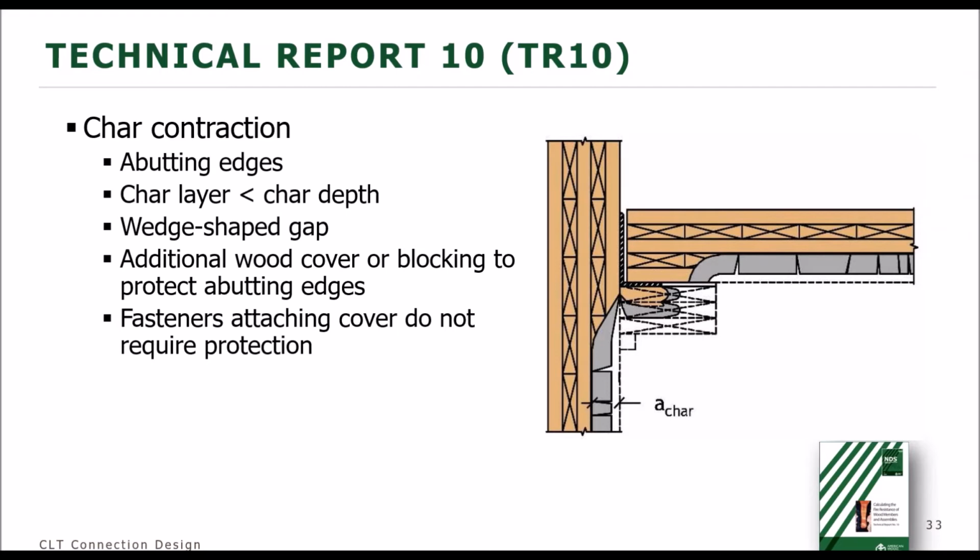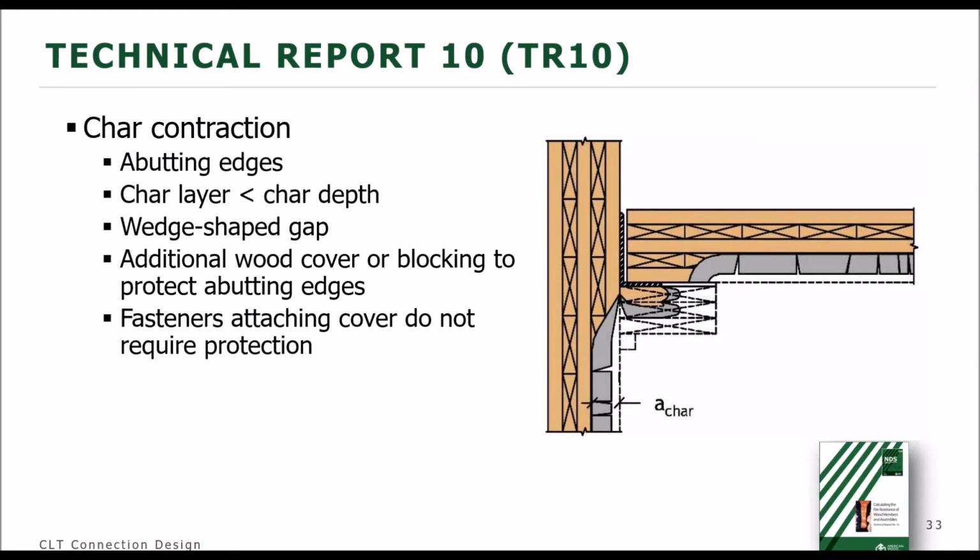As a result of this ignition extending into the gap, we need to provide additional wood cover or blocking to protect the area around those abutting edges. The fasteners that you're using to attach that protection don't require additional protection, because then you just wind up with an iterative process.